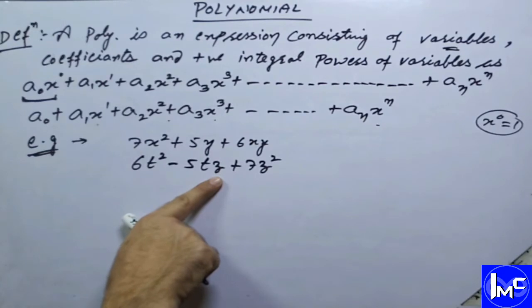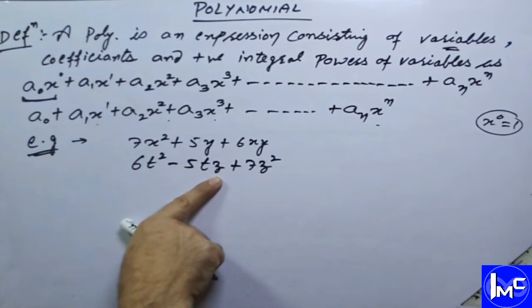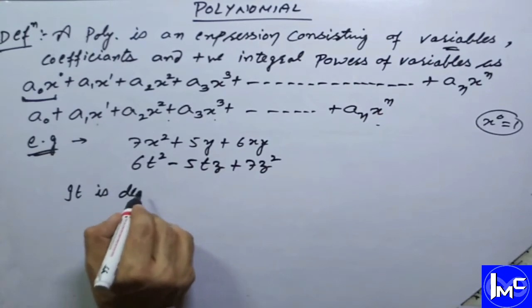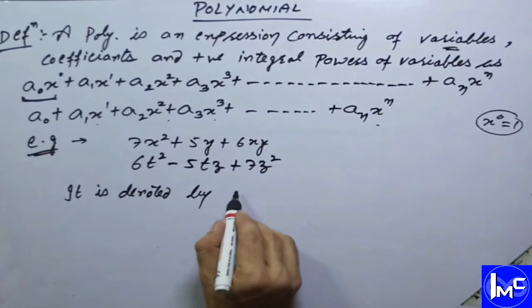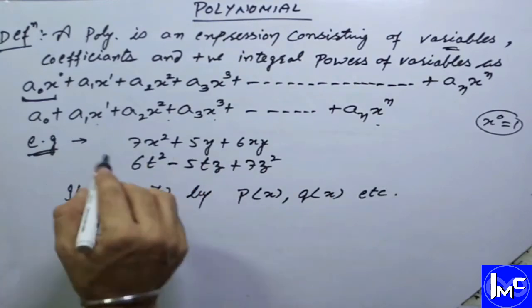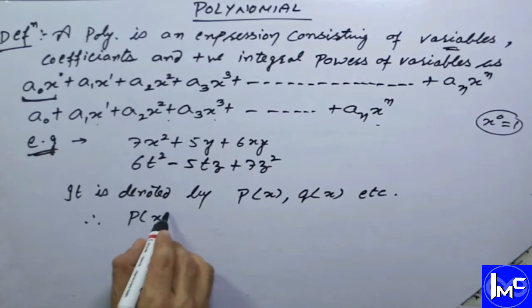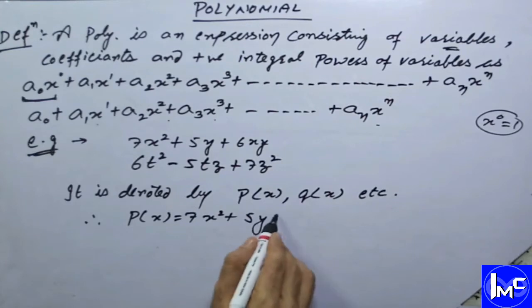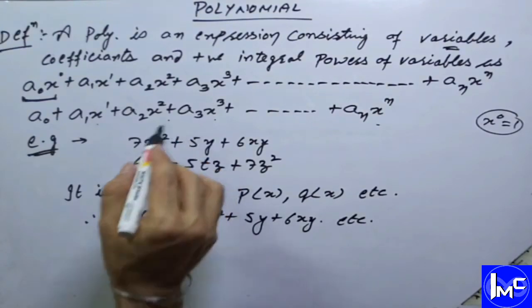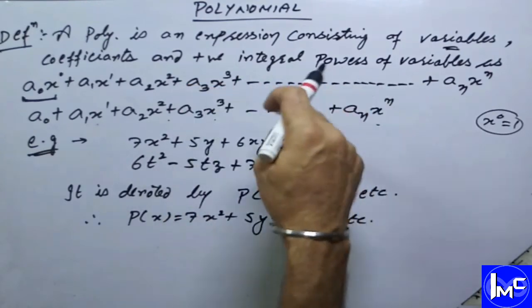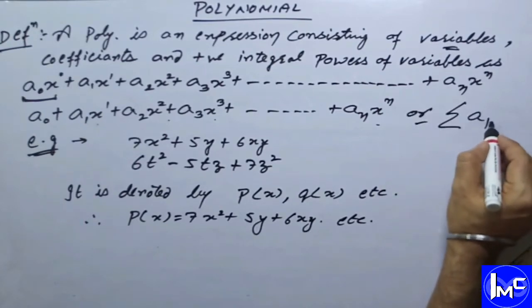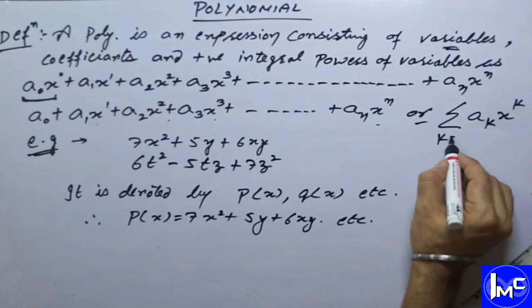So the variables of a polynomial also count, and a polynomial is denoted by p(x), q(x), etc. So we can also write p(x) is equal to 7x square plus 5y plus 6xy, etc. The general form of the polynomial can also be written in the summation form, that is summation of a_k x raised to power k, where k varies from 0 to n.